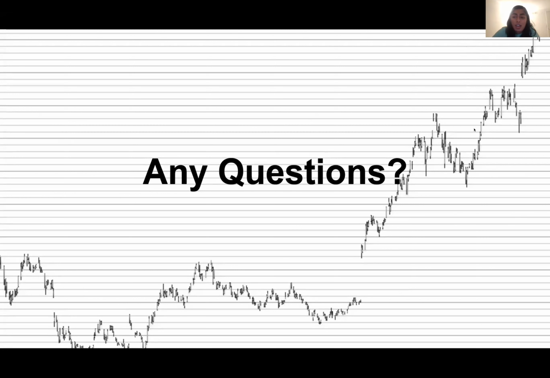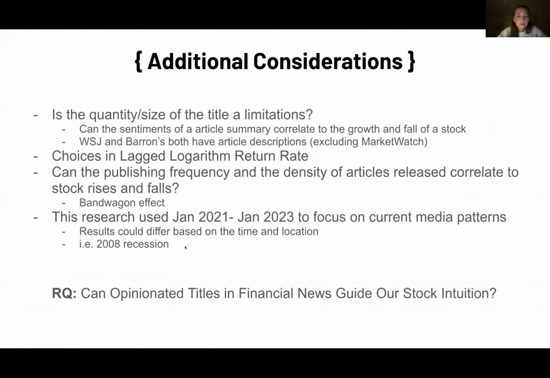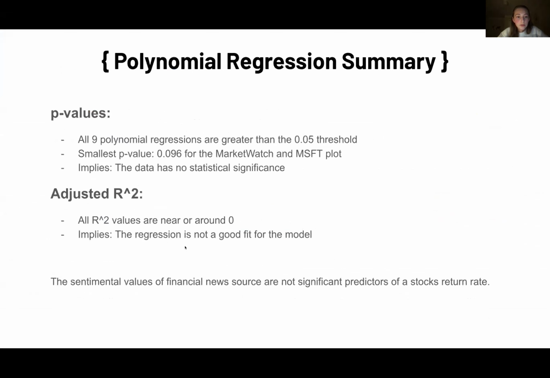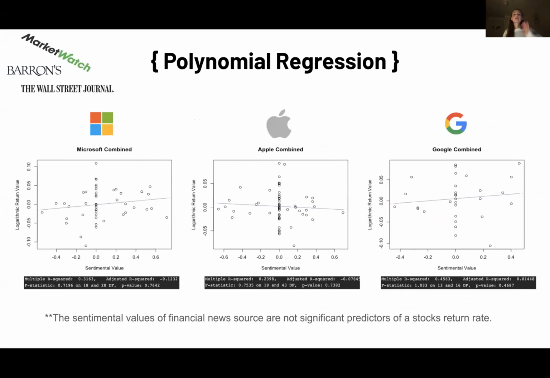I have a question. So when you did the second look at your data, where you combined the data, how did you combine it? Right, so essentially, because there are 3 different sources, let's say Market Watch published a lot of articles in August on Microsoft, while Barron's published a lot in September.